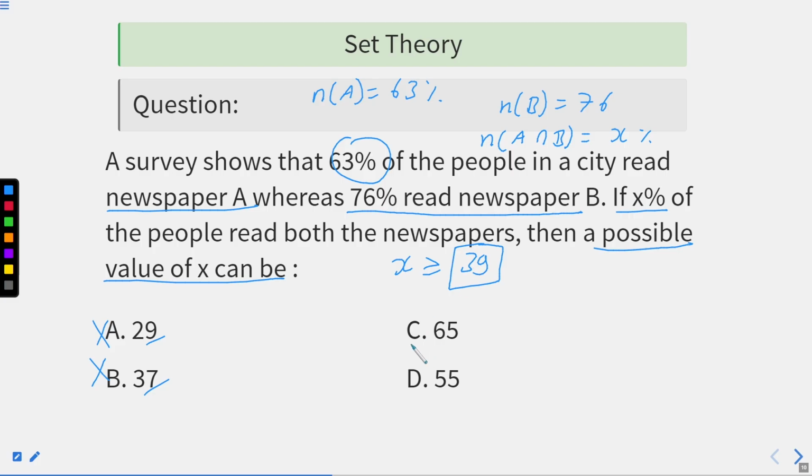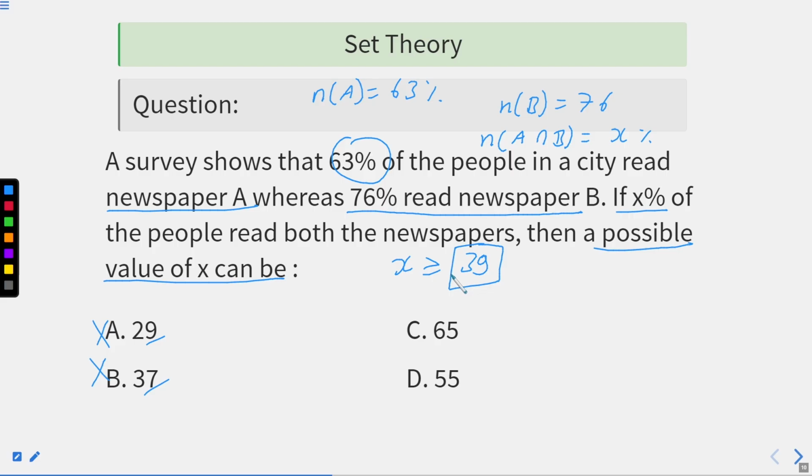In the previous question we eliminated three options and could easily arrive at the answer, but here we are left with only two options. Now what will we do? Let's take more time to find some more relations.